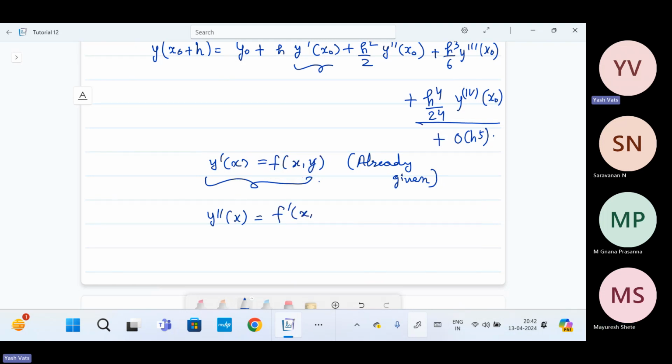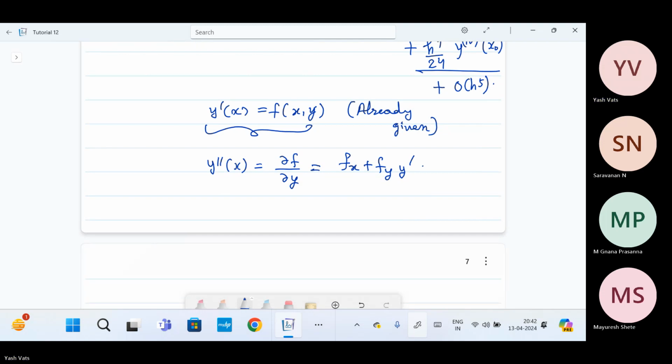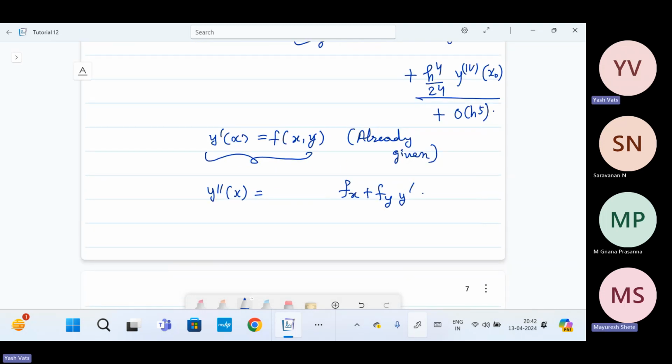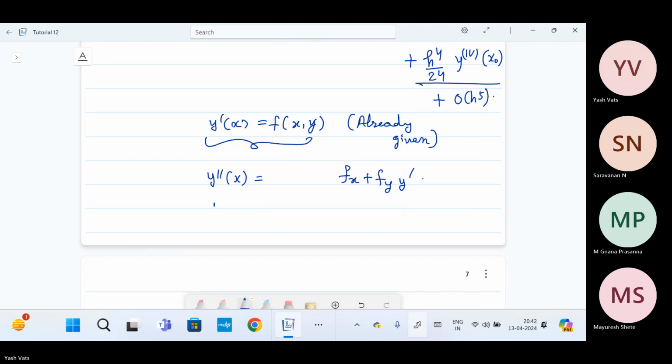F prime of x,y means it is basically del f by del y. How do you differentiate this? This is basically fx plus fy y prime. You use chain rule basically. And y double prime x, you need to differentiate this with respect to x.